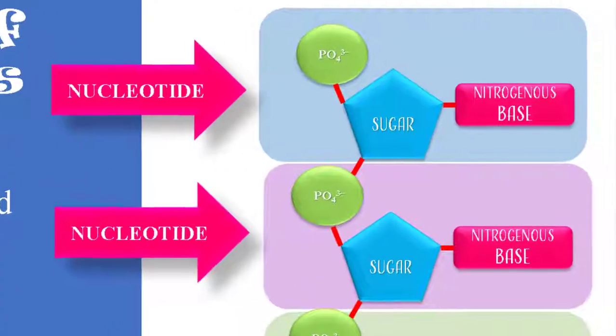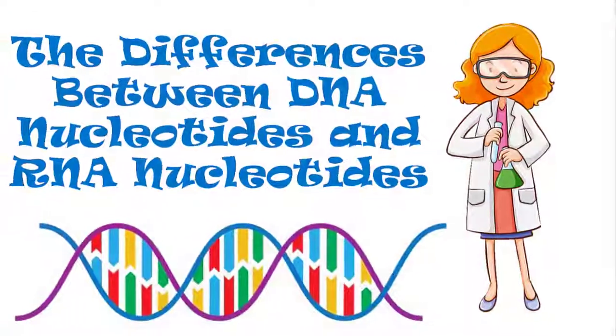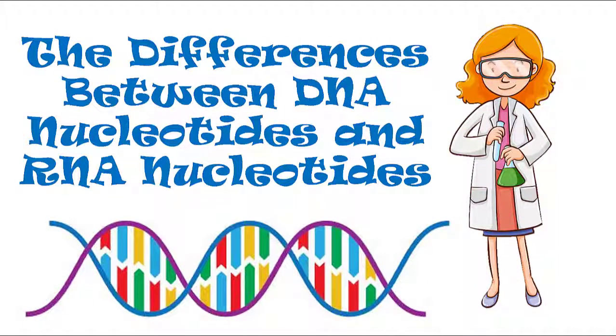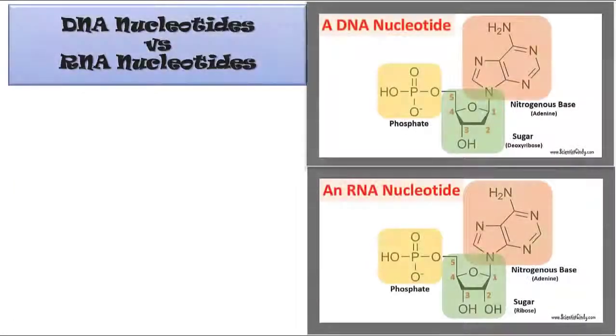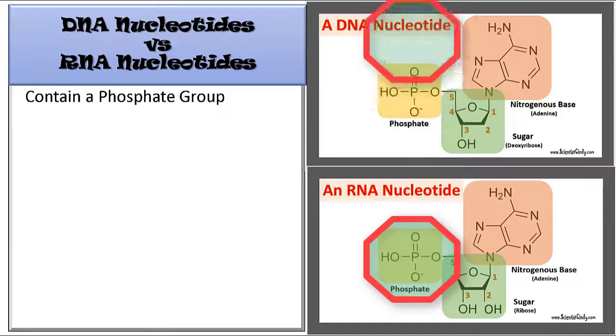Each nucleotide has the same general structure, which includes a phosphate group, a type of ribose sugar, and a nitrogenous base. There are some differences between DNA nucleotides and RNA nucleotides. Both DNA nucleotides and RNA nucleotides contain a phosphate group.